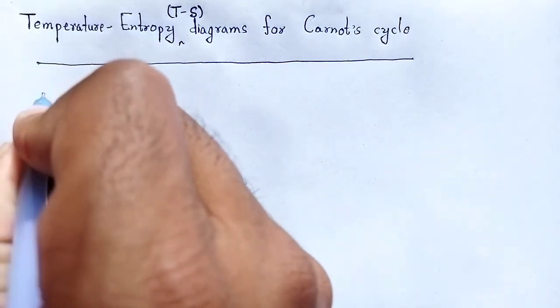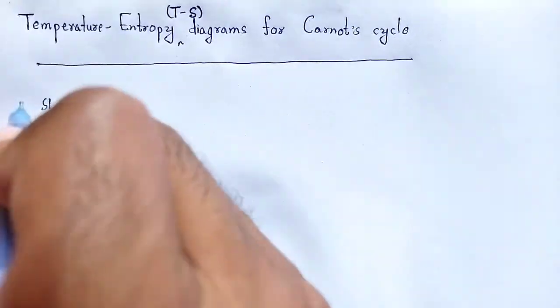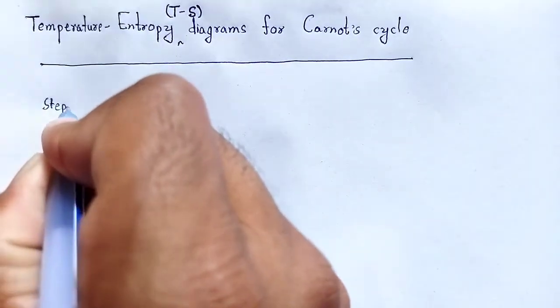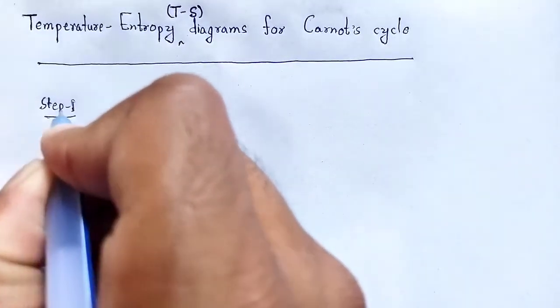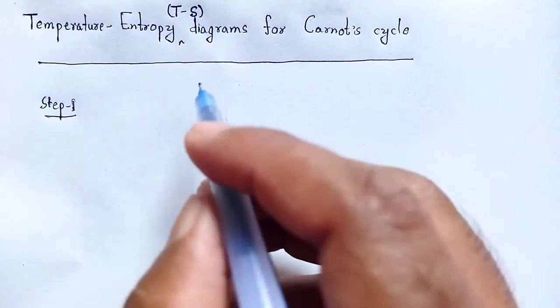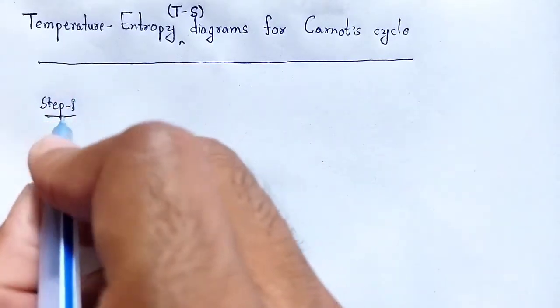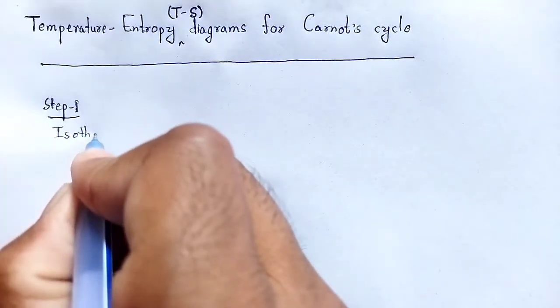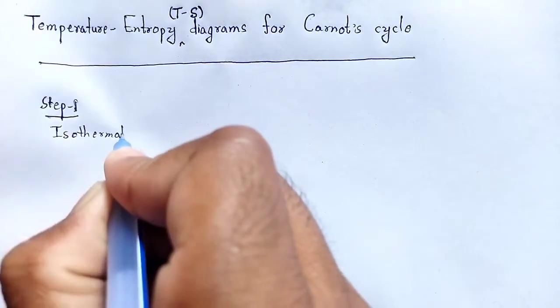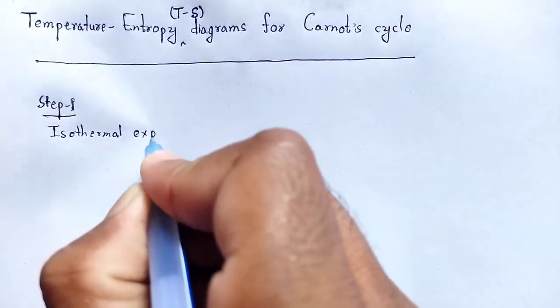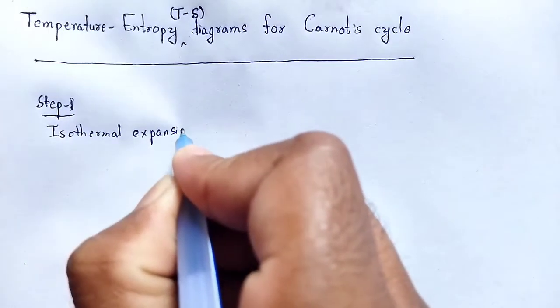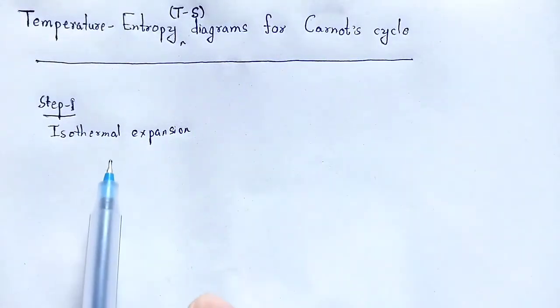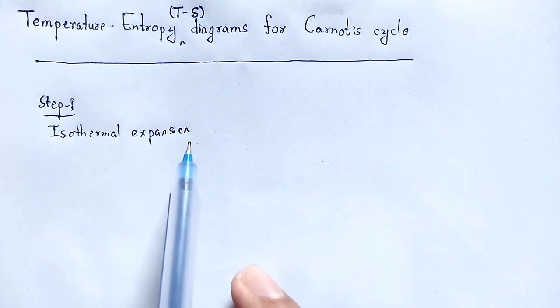So in step 1, let me take isothermal expansion. What happened in case of isothermal expansion?